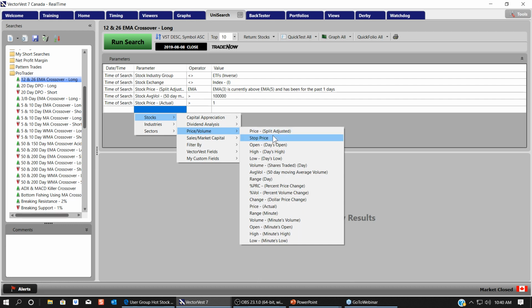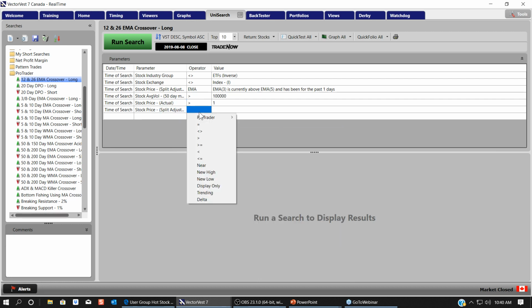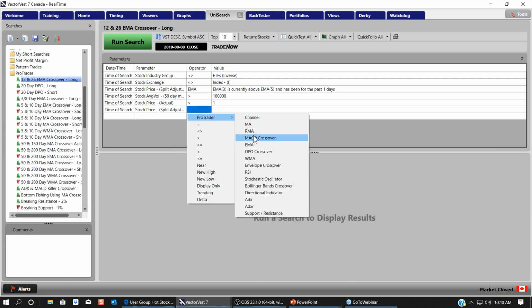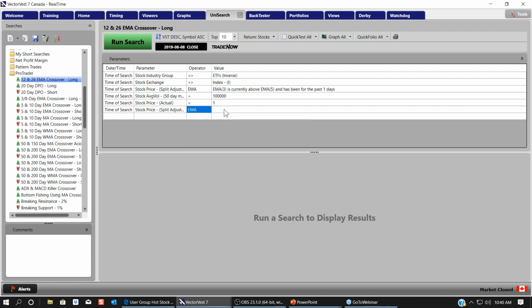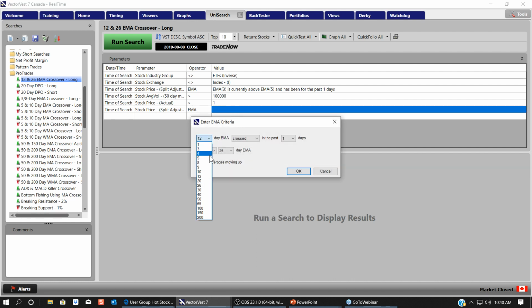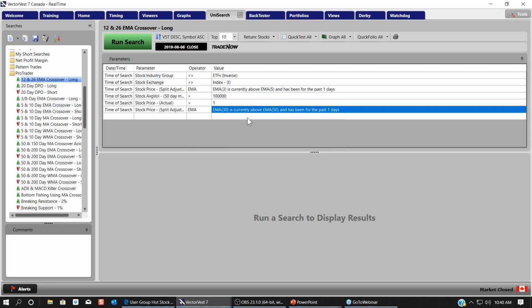Stocks, price volume, price split adjusted, ProTrader, EMA, make it the 30 is above, say the 6 or 50, I guess we have here, is currently above. So now you've got a search that at least meets some of those criteria. Okay, very easy to do.